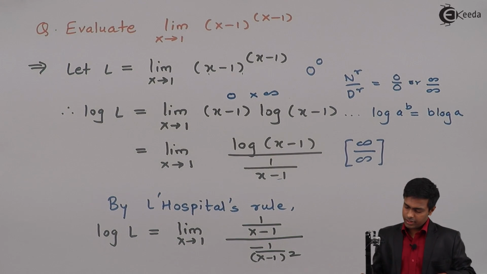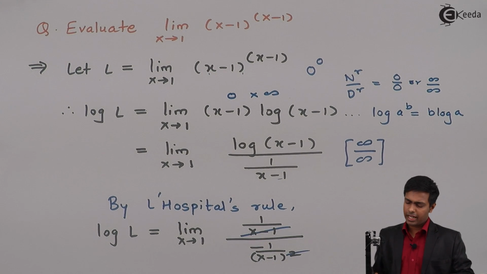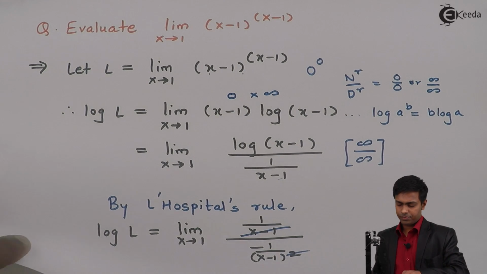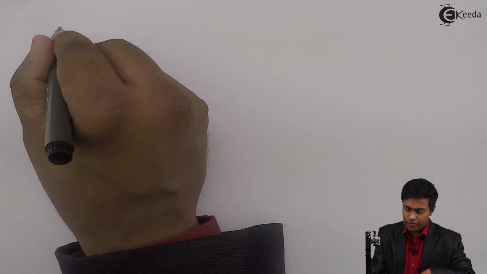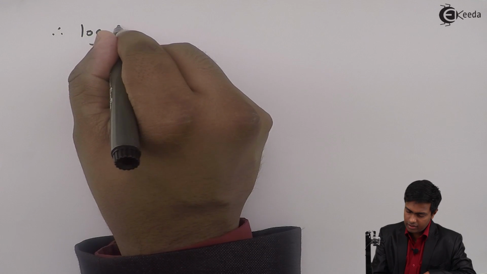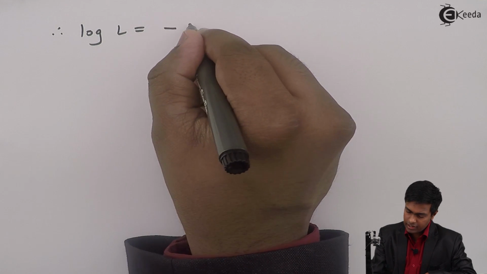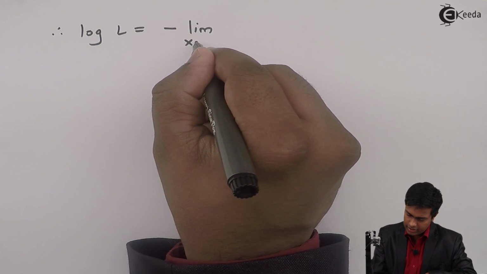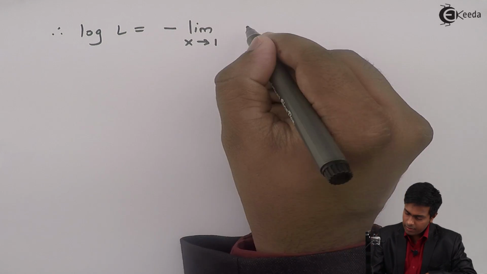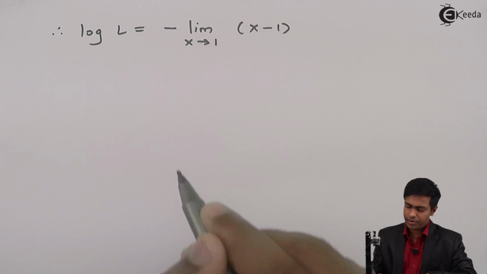Now this (x minus 1) and one (x minus 1) from here will be cancelled, and this (x minus 1) will go in the numerator, and we will get only (x minus 1). I will take this minus sign outside. So therefore we will get log of L equal to minus of limit x tends to 1 of (x minus 1).